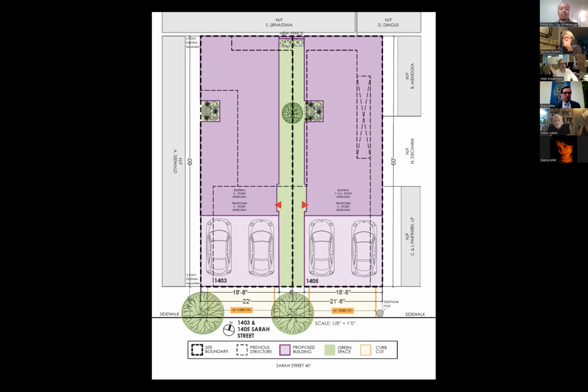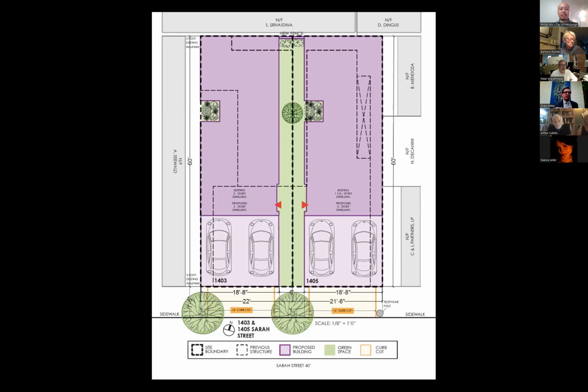I'm just trying to understand property lines versus footprints relative to these setback questions, just to see all of that on one sheet of paper. Sure. And Art, correct me if I'm wrong, but the small dash lines on this drawing are the building that used to exist on that property that no longer exists.